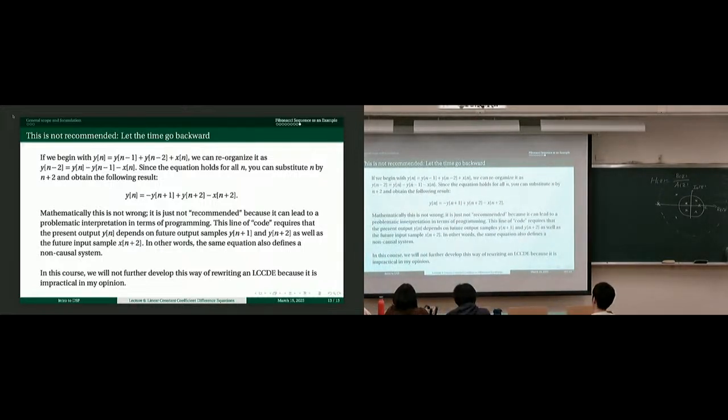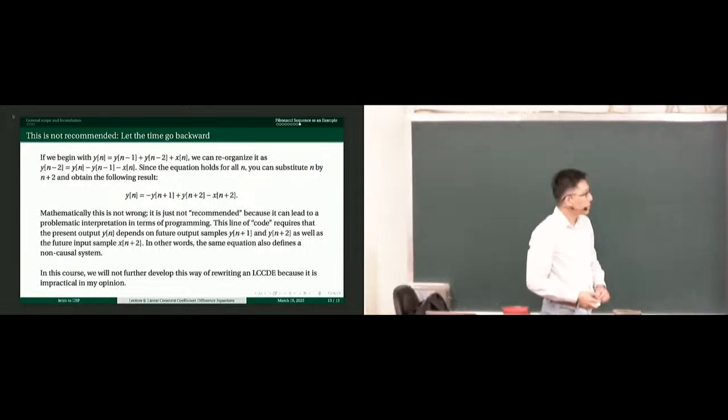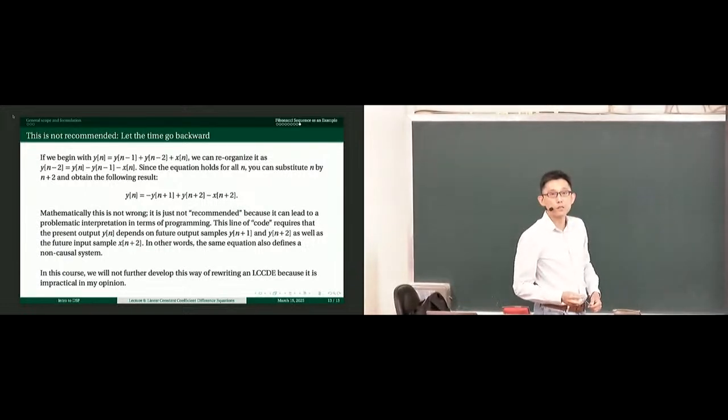Any comment? So one exception might be, in certain applications, time can actually go backward. When I say time cannot go backward, that means real time, right?